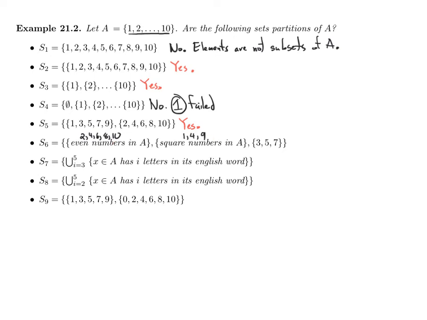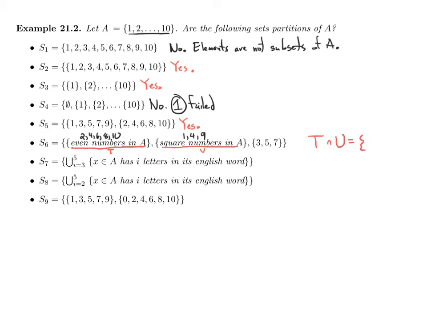That's good. However, look at this. If I take the intersection of, let me call this set T, and I'll call this set U. The intersection of T and U has something in common.